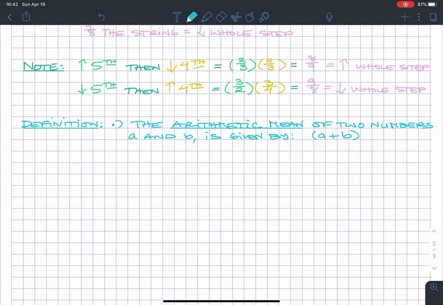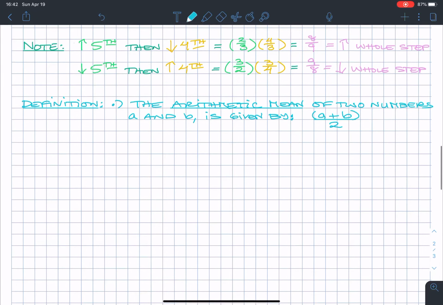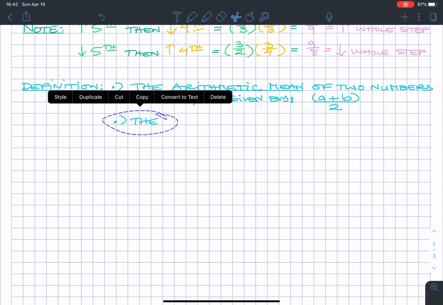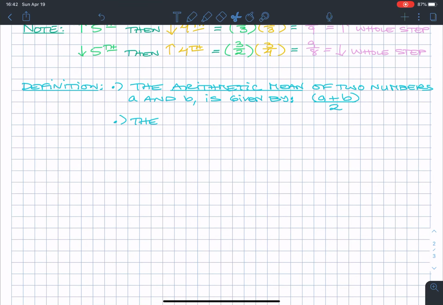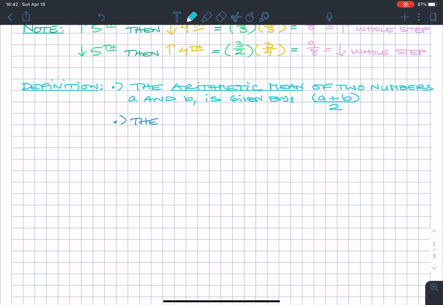Now let me actually just write this as a fraction like so. Because there's two numbers, I'm adding them together and dividing by the number of numbers. There's two numbers. So we know the arithmetic mean, but now I want to define the harmonic mean. And maybe I'll use a different color. Let's go a little bit darker here.